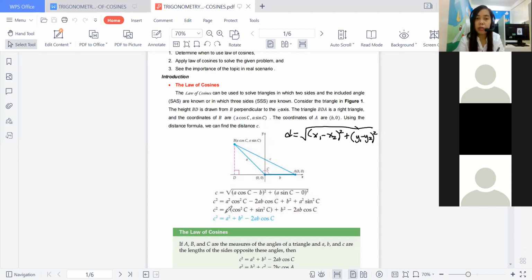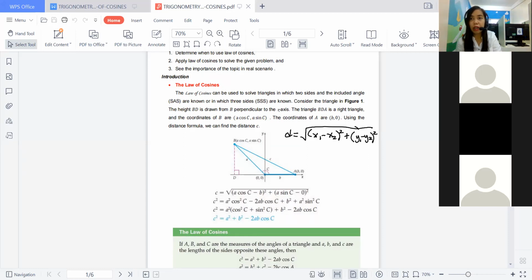So factor out a squared multiplied by cosine squared C plus sine squared C, which by the identity is equal to 1, plus b squared minus 2ab cosine C. Then simplify, this is equal to 1. So a squared times 1 will have a squared plus b squared minus 2ab cosine C.